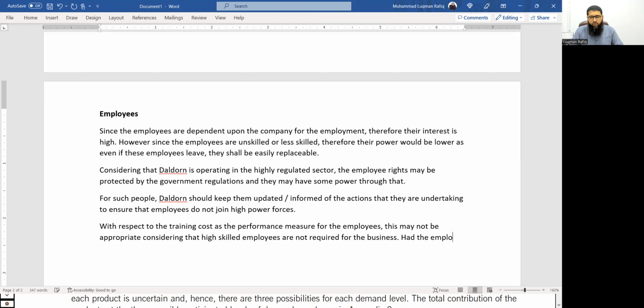Had the employee requirement been of high skill employees, then it may have been an appropriate measure.